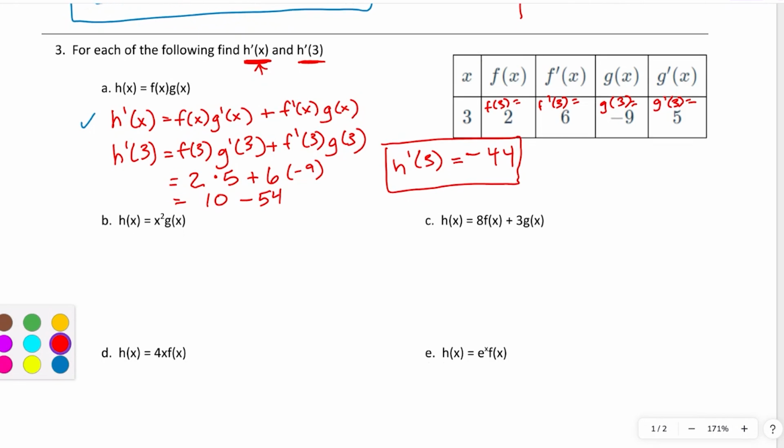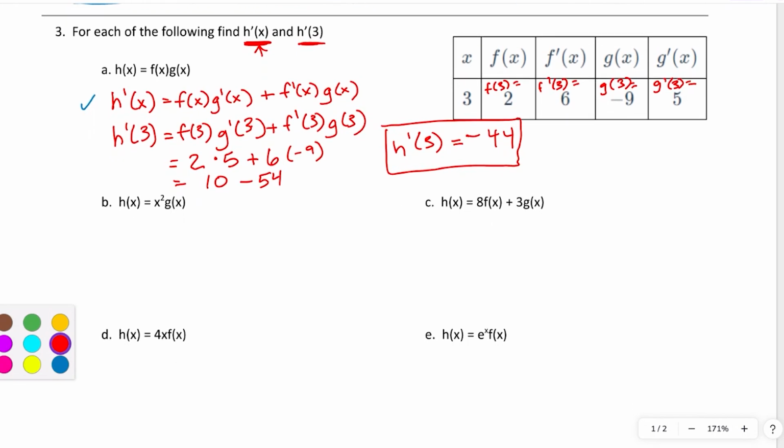All right. In letter B, we're going to approach this basically the same way, except instead of f of x, we have x squared. So h prime of x, again, will be the first function, which is the x squared, times the derivative of the second, plus the derivative of the first, which is 2x, use the power rule on that x squared, times the second function.